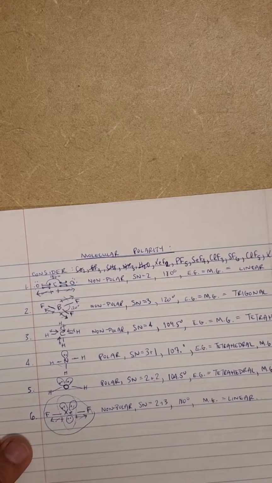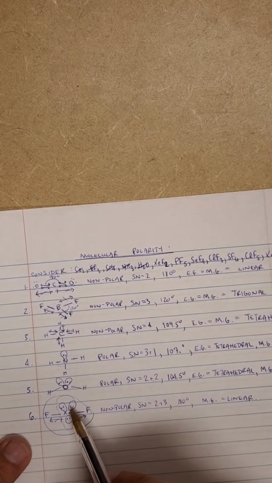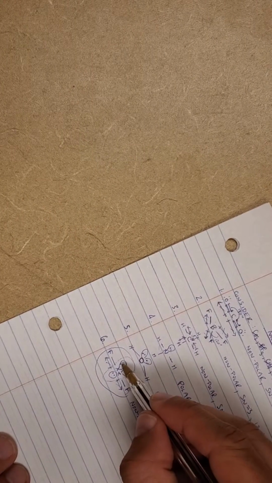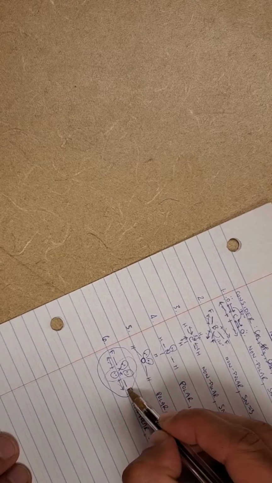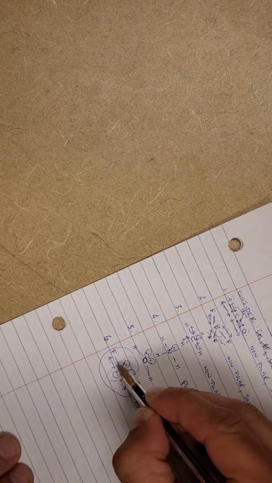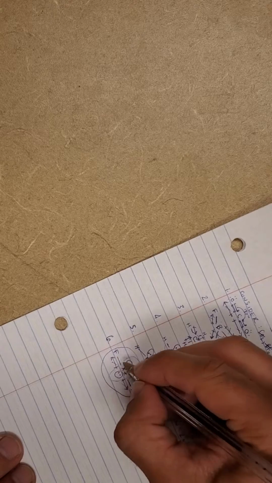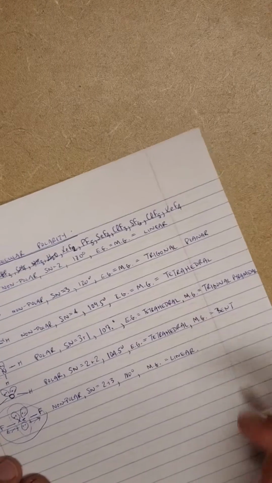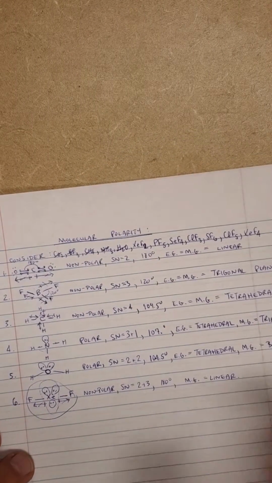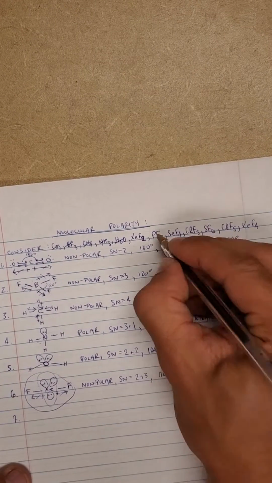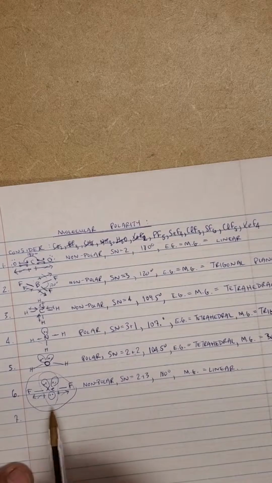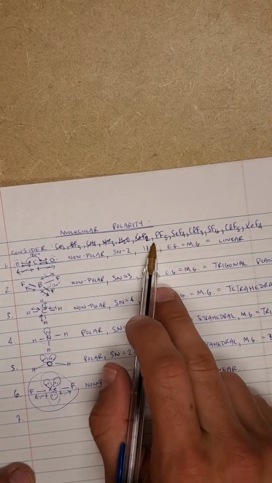I think it's actually trigonal bipyramidal, because this would be a triangle right here, and then there would be a pyramid here and a pyramid here based on the electron geometries. I'm not 100% though. I think that's right. Anyways, we'll go on. It's just a tricky molecule.